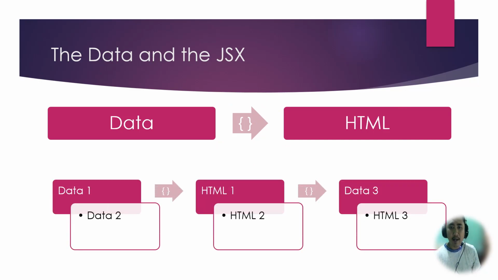Also, when we have a lot of data and store it in an array list, we can use map method to iterate each of the data in the array and render it one by one into our HTML.